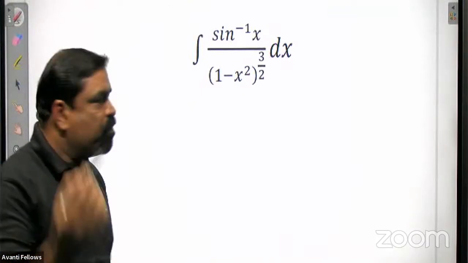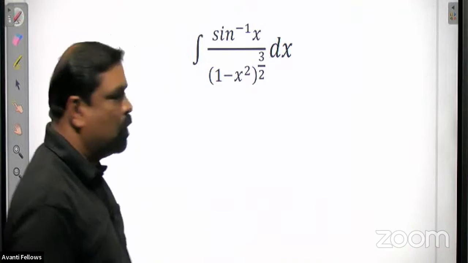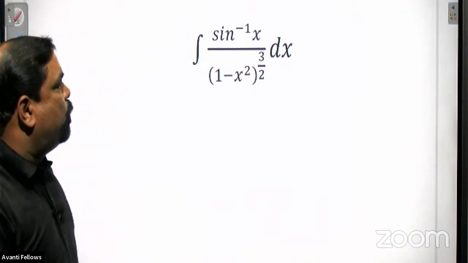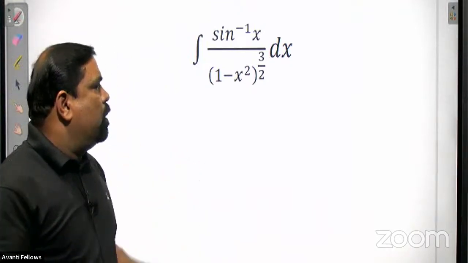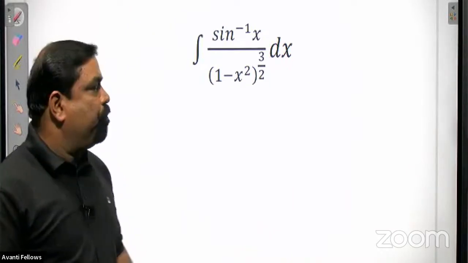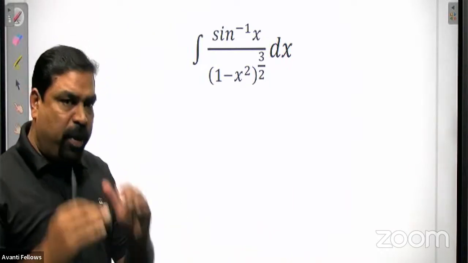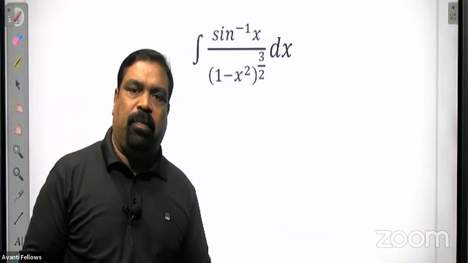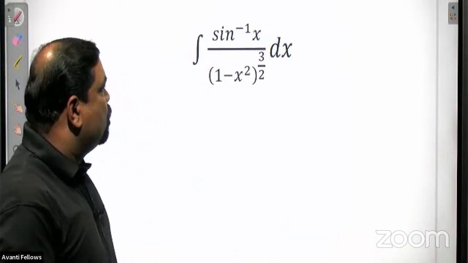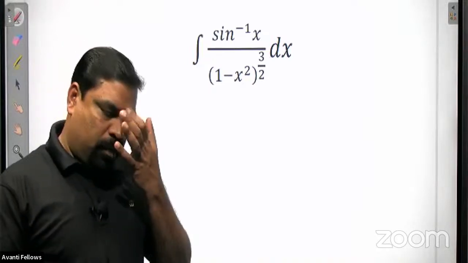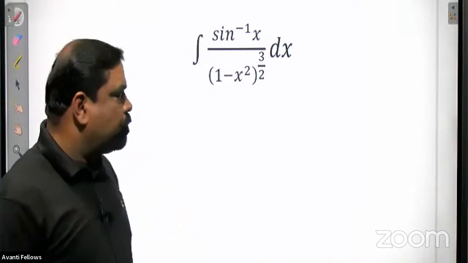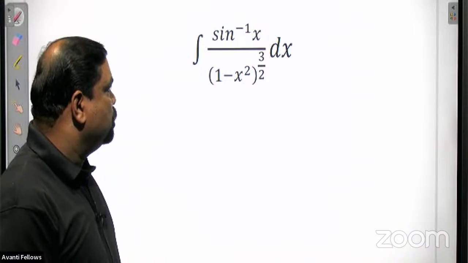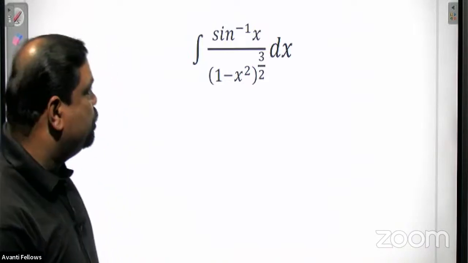Let's take this question. Sine inverse x upon 1 minus x square whole raised to 3 by 2. So what to do?